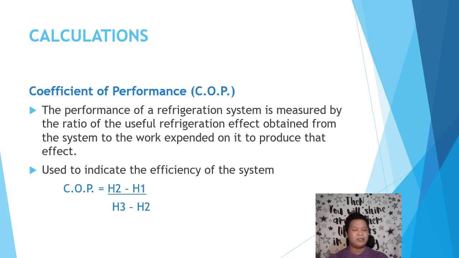Okay, and that is simply the ratio of H2 minus H1 over H3 minus H2. The typical COP value is around 5 or 4, no?